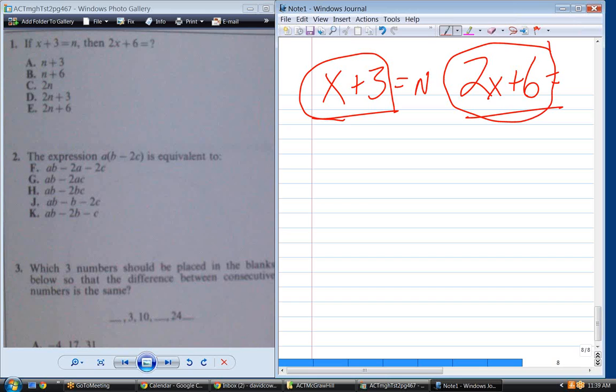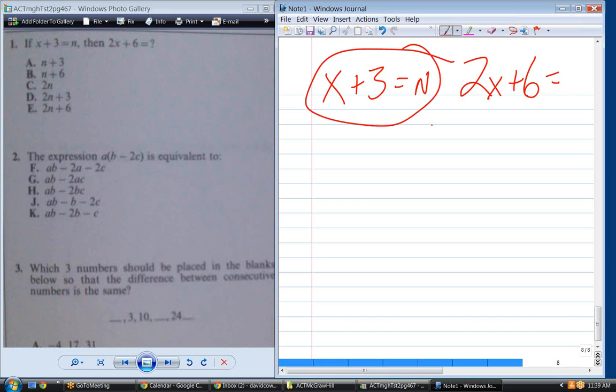One's twice as great. That's the answer I'm looking for. It's twice as much. So if it's twice as much, what's the answer? If this one's equal to n, and this one is twice as much, what is that one equal to? 2n plus 3. Huh?